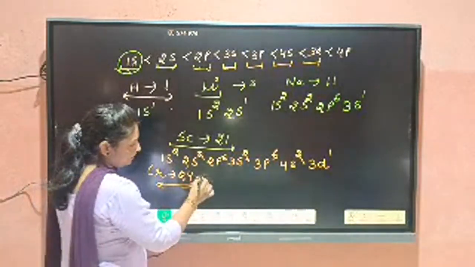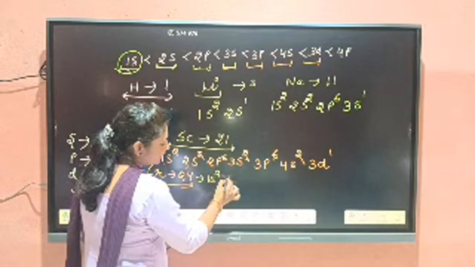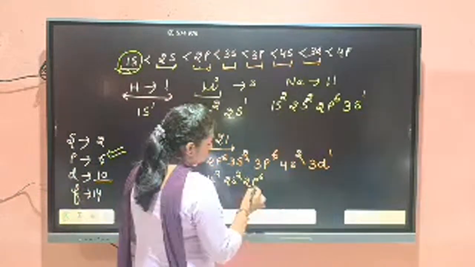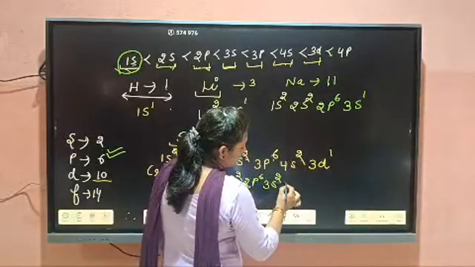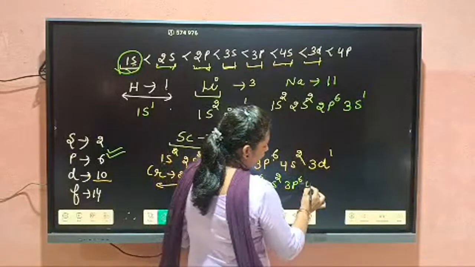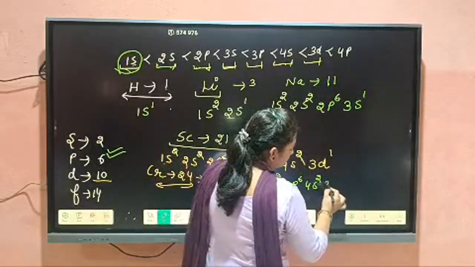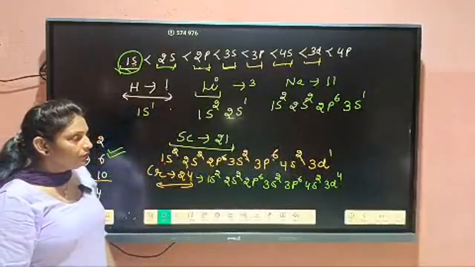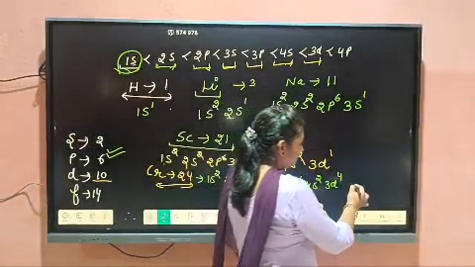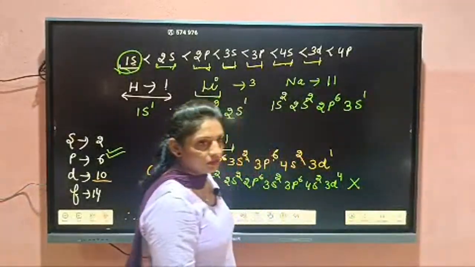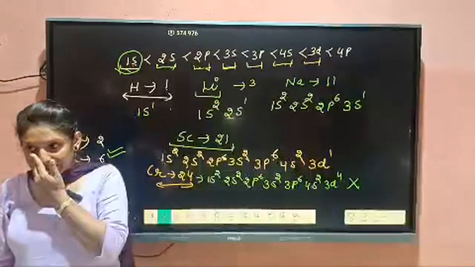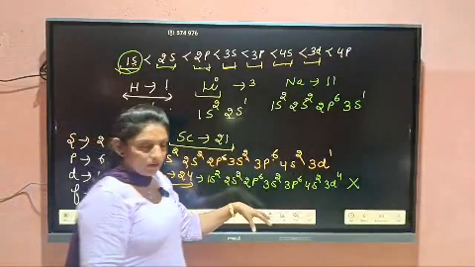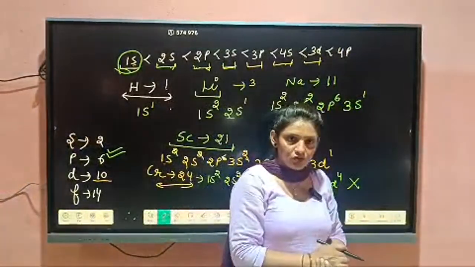Tell me. 1s2, 2s2, 2p6, 3s2, 3p6, 4s2, 3d4. But students, this configuration for chromium is not right, because this is an exceptional case. Why it is, I will explain by explaining the next rule.